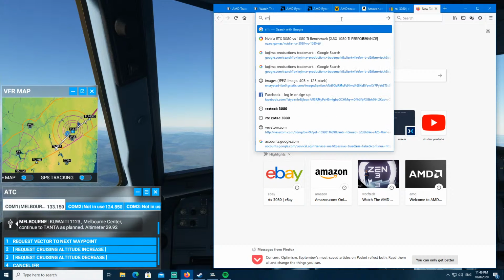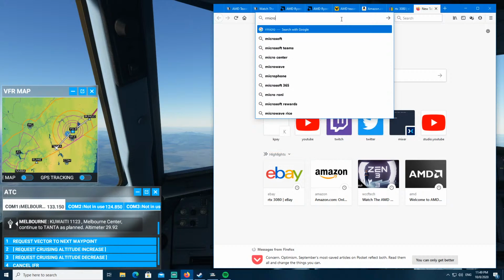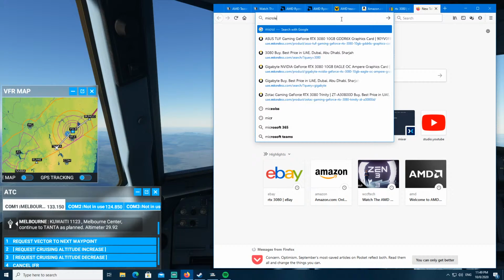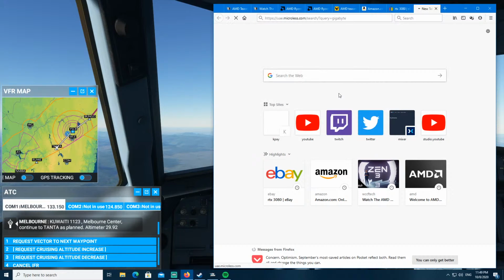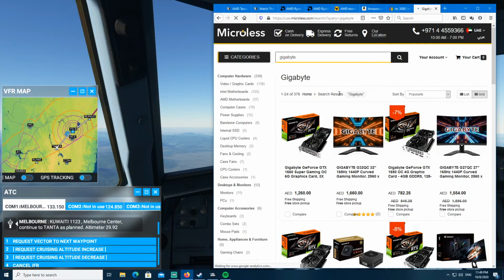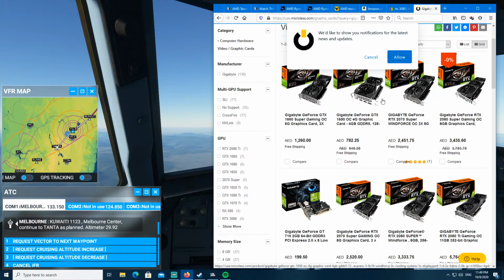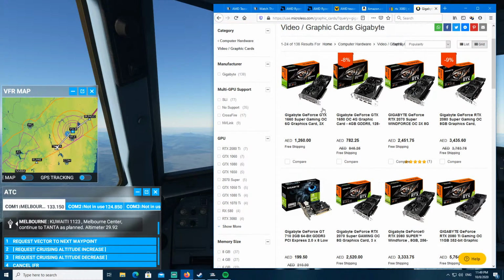So if I go to Microless, that's a store here in the Middle East, UAE, and I say I want a graphic card from Gigabyte, for example, I cannot find it.